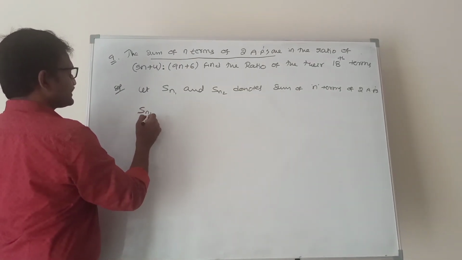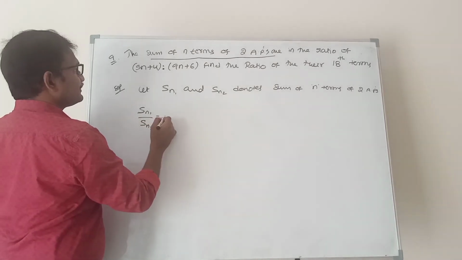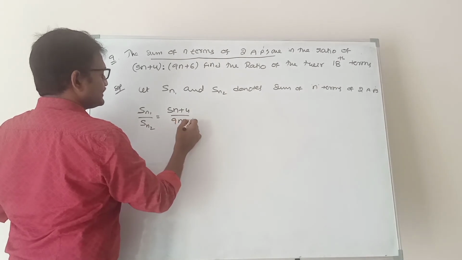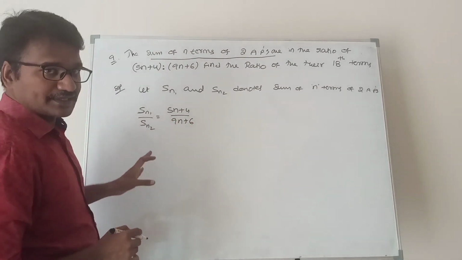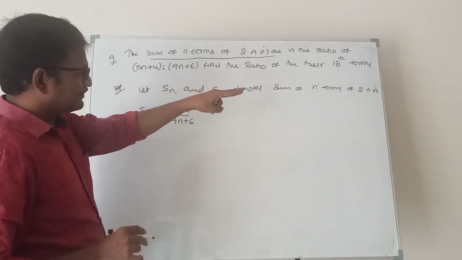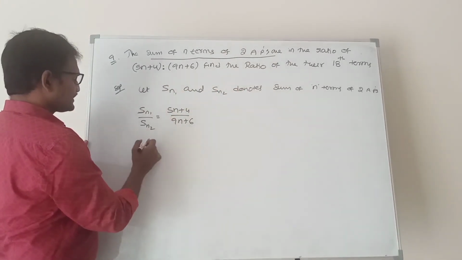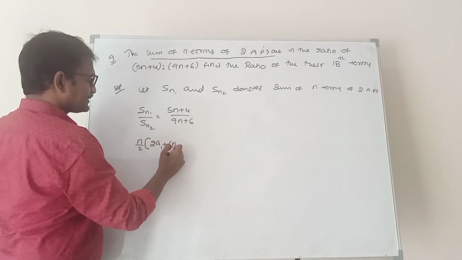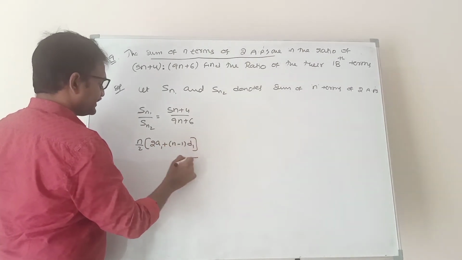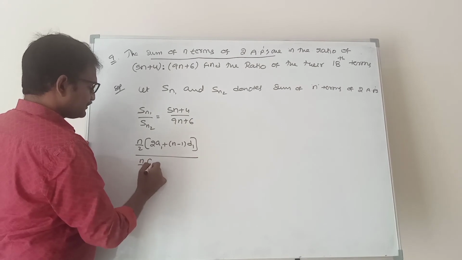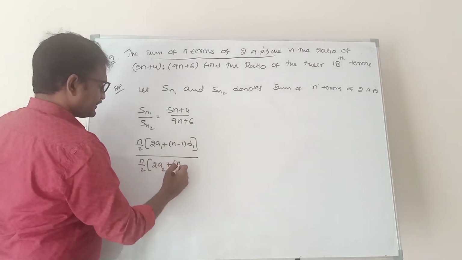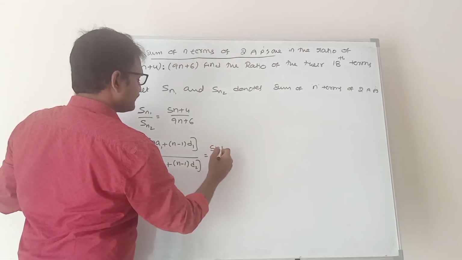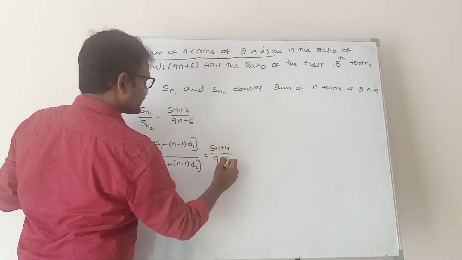The ratio of S_n1 by S_n2 is given as (5n + 4) by (9n + 6). The number of terms is the same, but the first terms and common differences of the two APs are different. That means n/2 into [2a1 + (n − 1)d1] divided by n/2 into [2a2 + (n − 1)d2] is equal to (5n + 4) by (9n + 6).